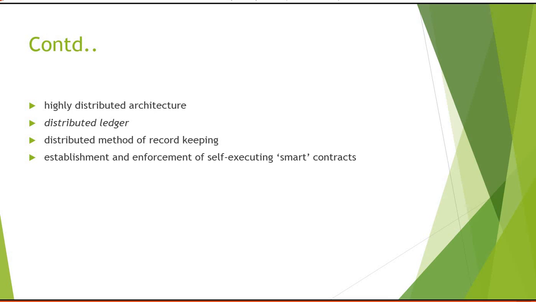What book you are taking, or at what time you entered the library, all those details are written. In the same way, in the net also, the Bitcoin transaction will be recorded in the ledger, and the record will be stored in a distributed manner.